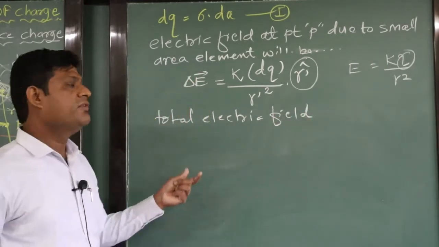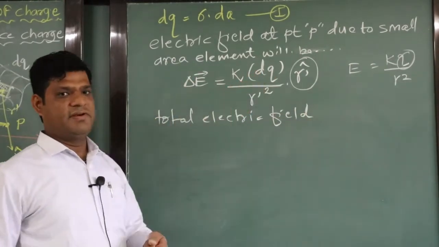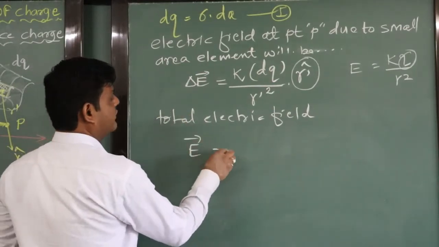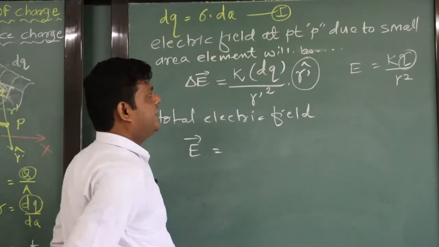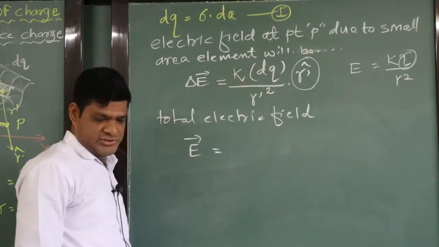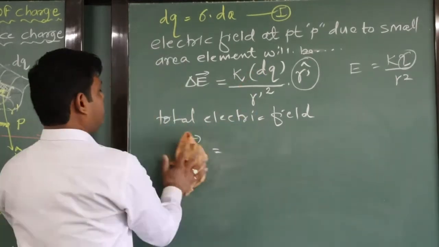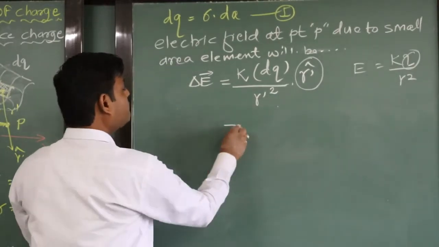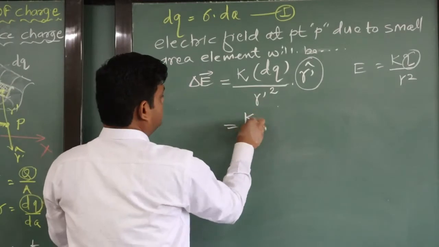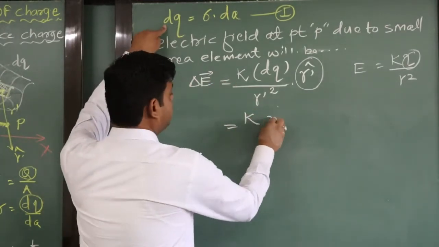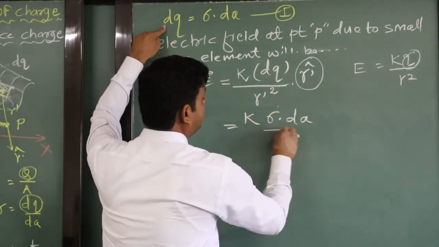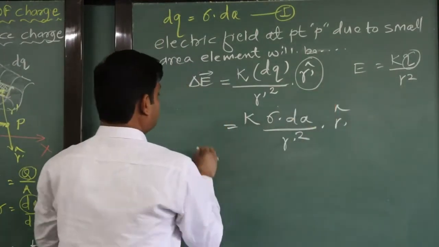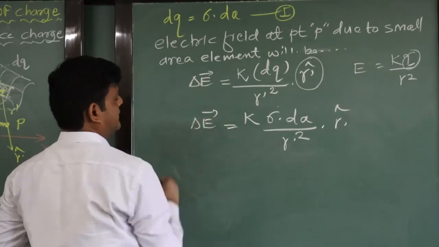For that purpose we are going to add all the electric fields. Before that, we simplify the equation by putting the value of dq. So dE vector equals k sigma dA divided by r dash square, into r dash cap.